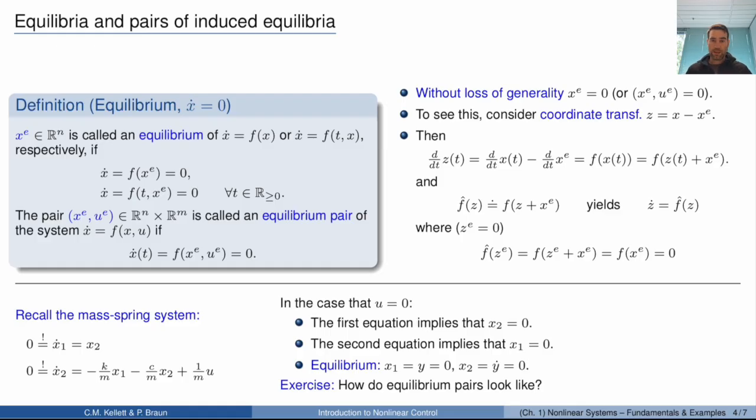But if we would apply a different force, then we can actually move the equilibrium to an arbitrary position. And yeah, you can calculate how an equilibrium pair would look like, and how you can characterize that by finding the correct input u for stabilizing the mass at the particular position.